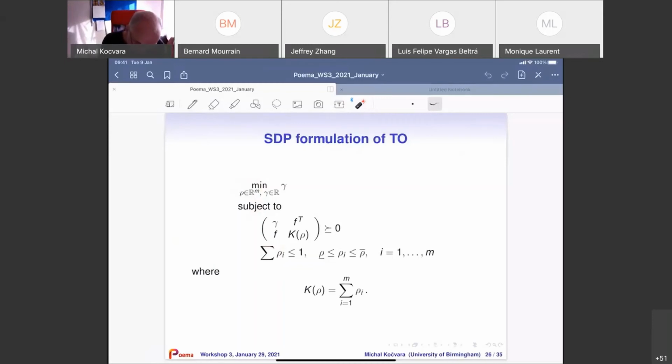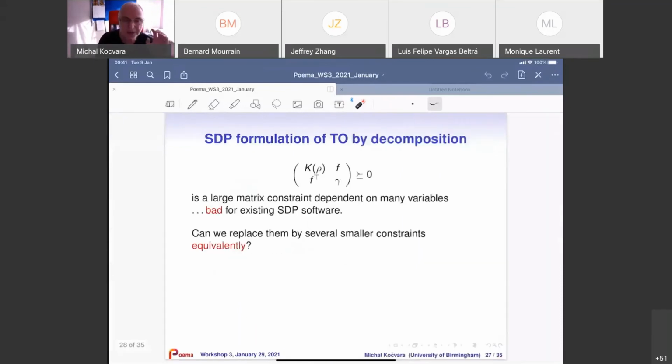The matrix K depends linearly on the variable rho. So in this application we have many variables, the number of finite elements, so rho is of large dimension, and we have one large matrix inequality of dimension, say, n plus 1, where n is the number of nodes times the spatial dimension.